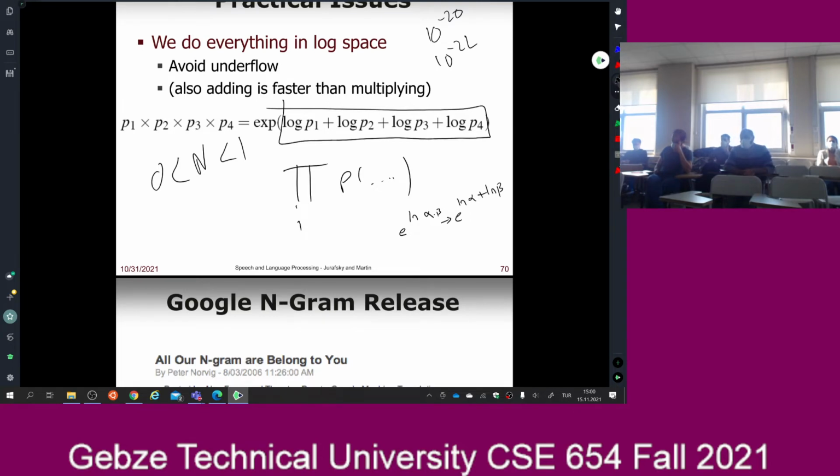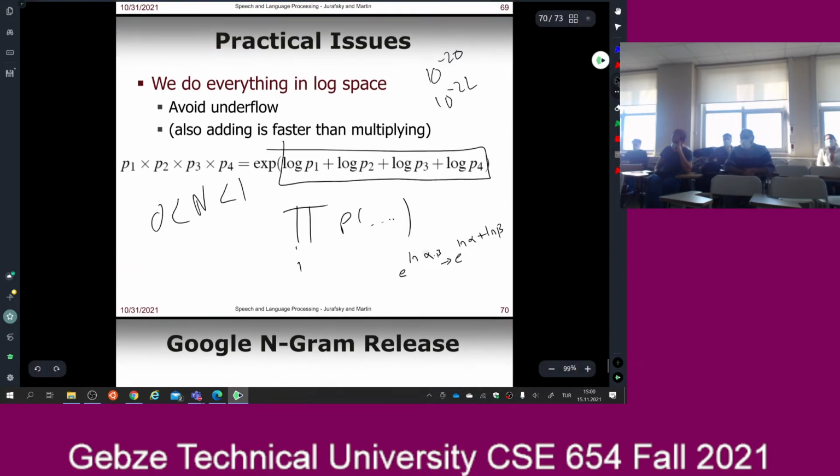We are not interested in the exact number itself. So this is a practical numerical issue. Always try to implement your probability calculations this way. Any questions?